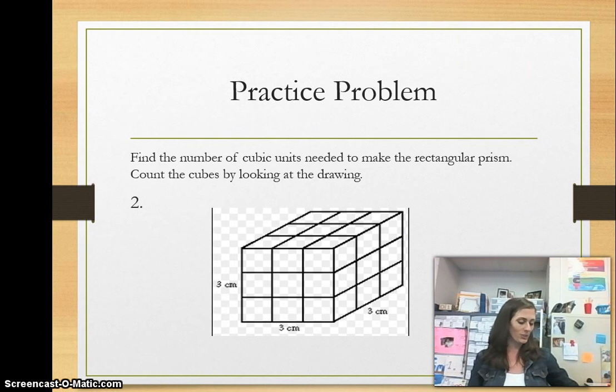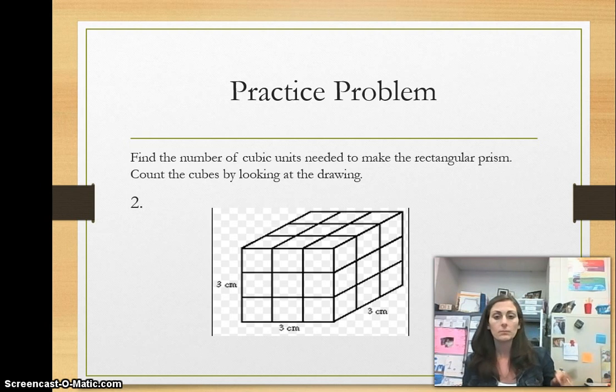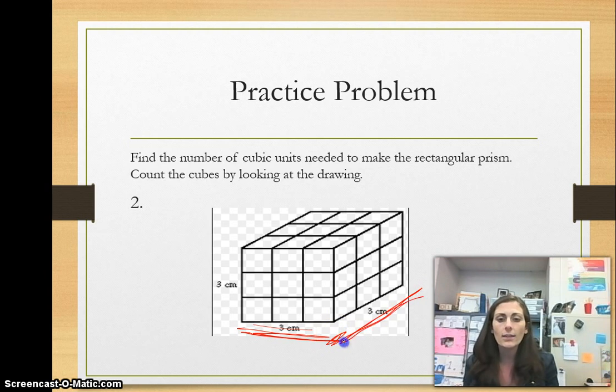Your next practice question. Find the number of cubic units needed to make the rectangular prism. Count the cubes by looking at the drawing. Go ahead and push pause and push play when you're ready. But remember, find the area first of this. Find how many cubes are at the bottom layer. So you're going to look at the length and the width and count those cubes.